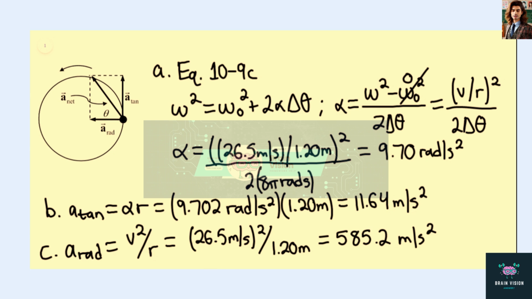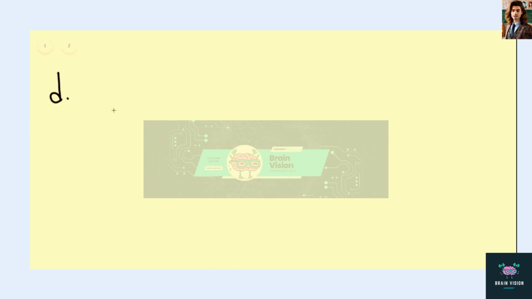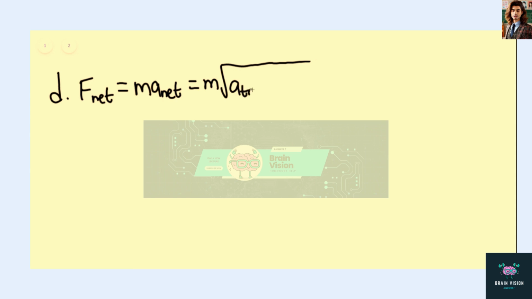For part D now, the net force is the mass times the net acceleration. So the net force would equal the mass times the square root of the tangential acceleration squared plus the radial acceleration squared.